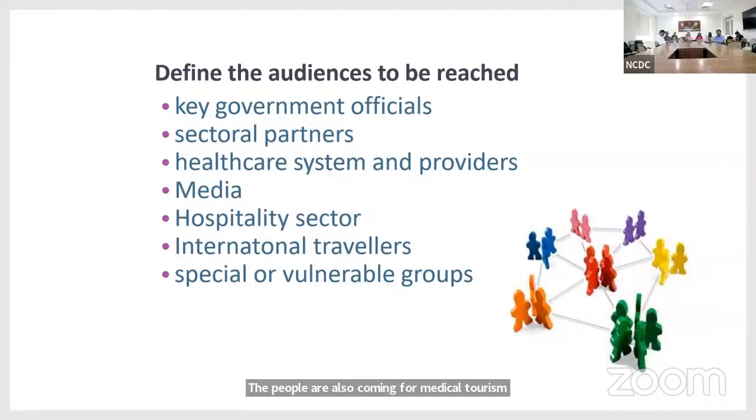So it is important to have them as one of our target audiences. And last but not least, the most important are the special or vulnerable groups. As we have understood the transmission dynamics by now, MSM, commercial sex workers, and even doctors at specific levels need to be sensitized.